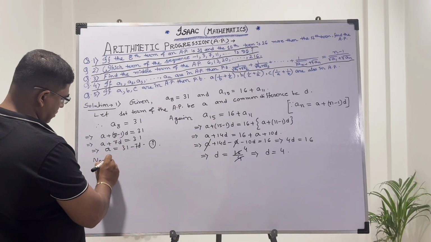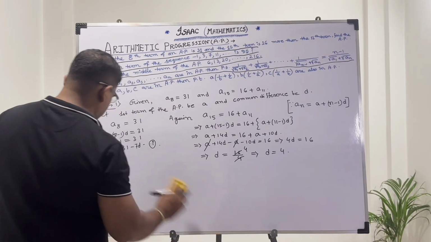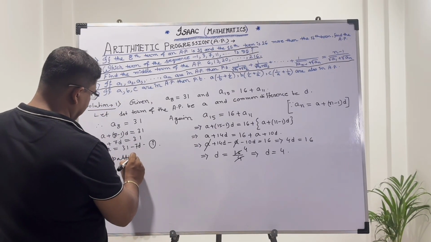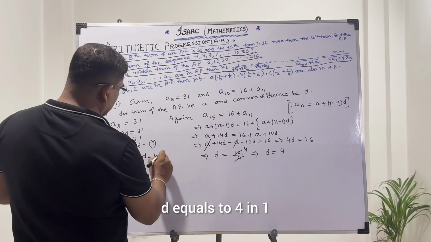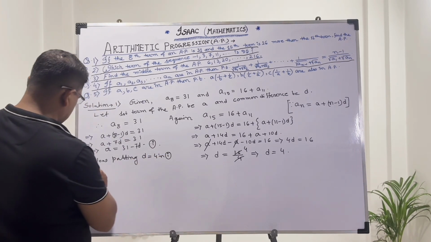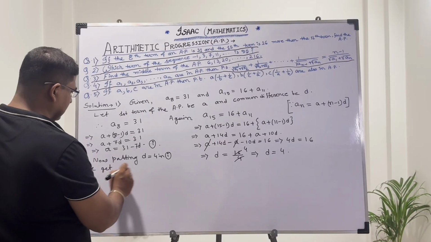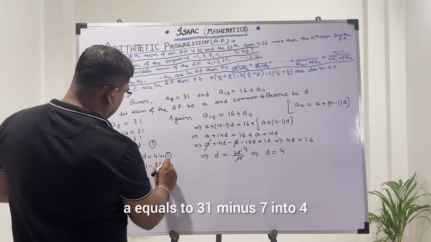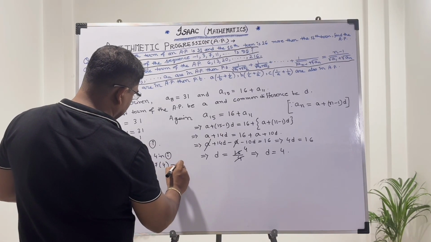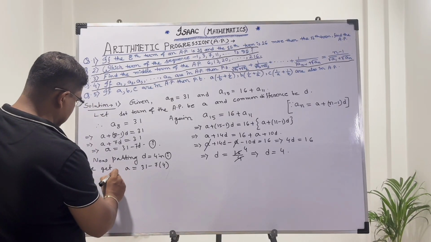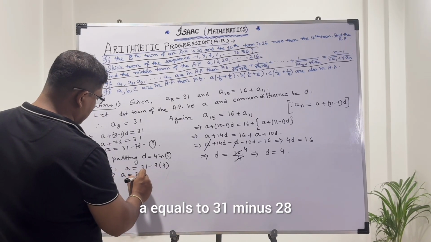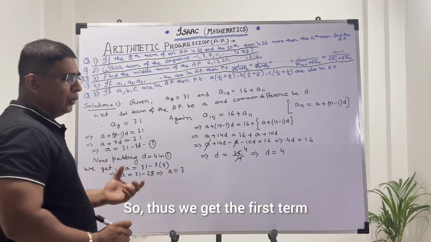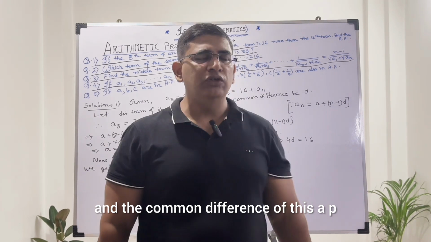Now putting D equals 4 in the first relation, we get A equals 31 minus 7 into 4, that is A equals 31 minus 28. This implies A equals 3. Thus we get the first term and the common difference of this AP.